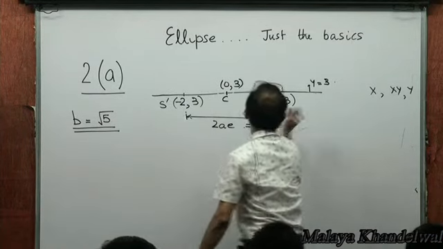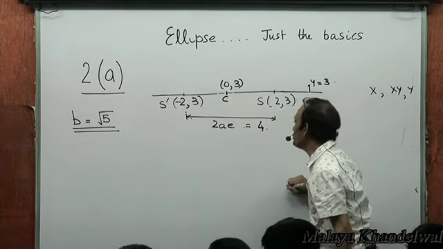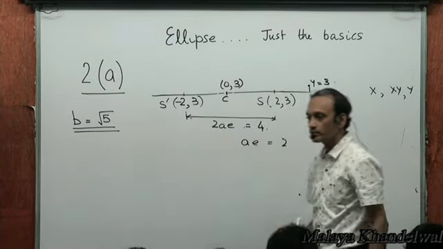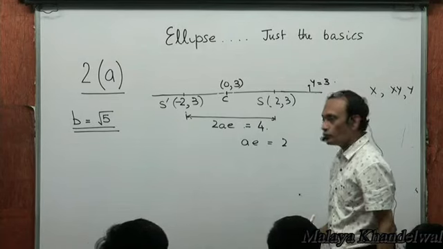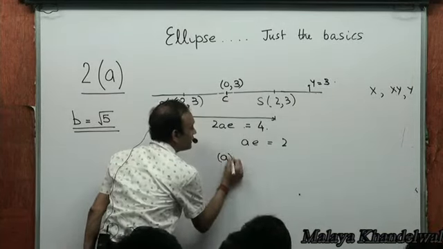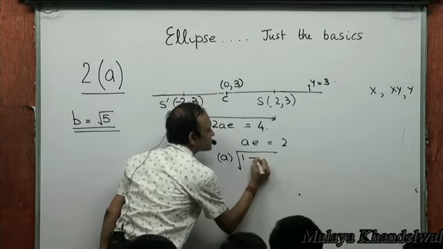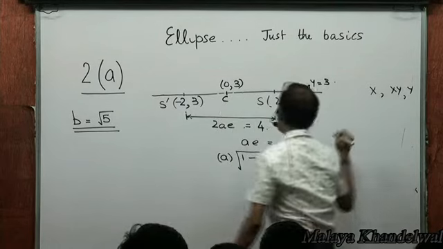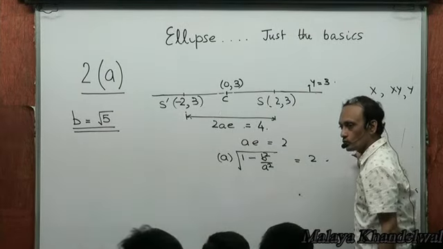That's going to be 4 units. That means ae is 2 units. Yes or no? Now, very clearly, e is root of 1 minus b squared by a squared. That's equal to 2. Isn't it?